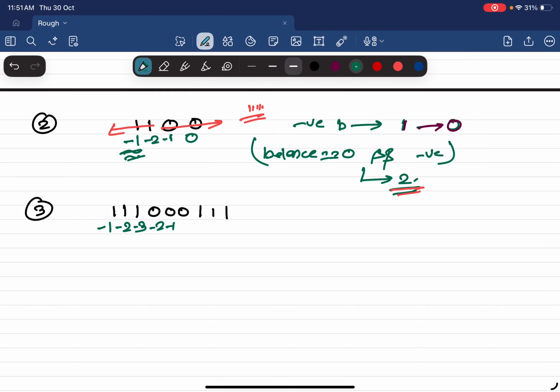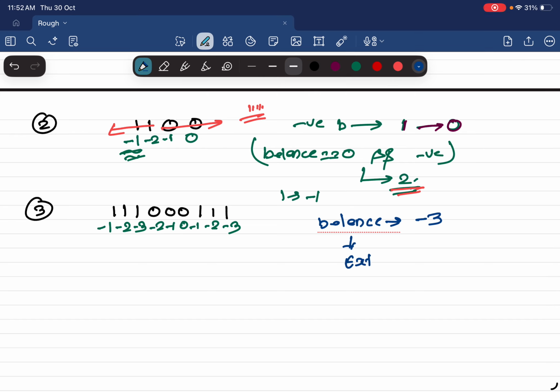Sorry, I made a mistake. So for 1 we are doing minus 1, right? Now your balance is not 0, your balance is minus 3, which means you have extra ones. So you have to delete extra ones, right?